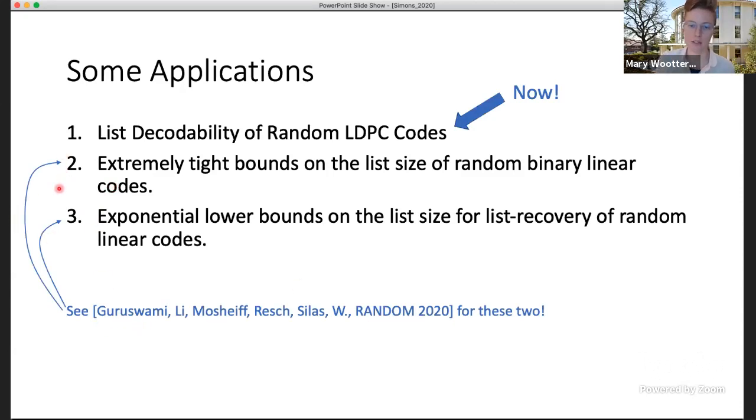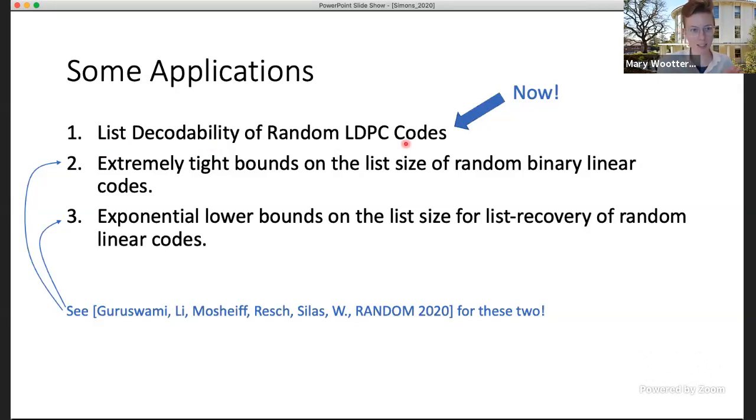This is joint work with Venkata Ramaswamy, Ray Lee, Jonathan Mosheiff, Nick Resch, and Shashwat Silas. There we can use this characterization to actually study random linear codes themselves and get better bounds on the number of points that are likely to live in any ball or in any combinatorial rectangle. But for now, I want to focus on this first point, the list decodability of random LDPC codes.